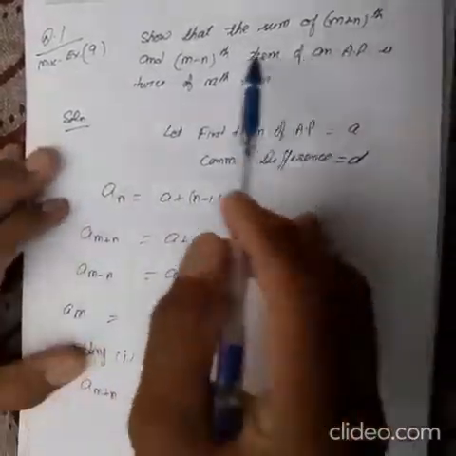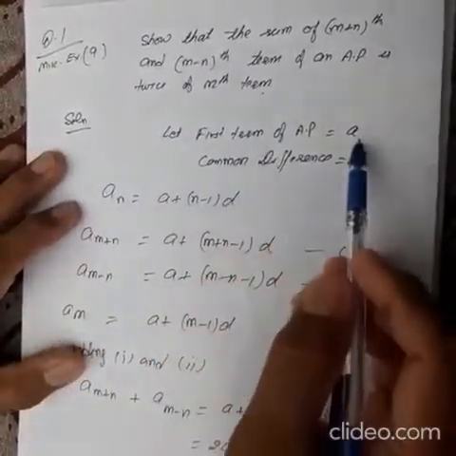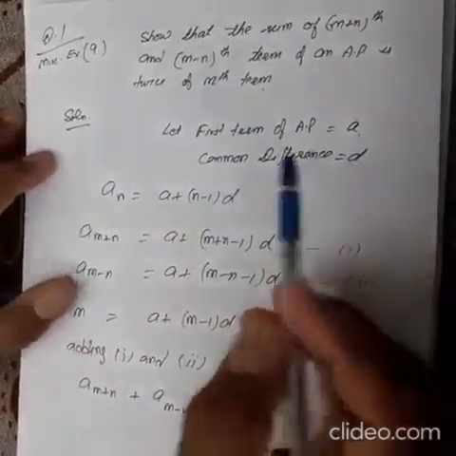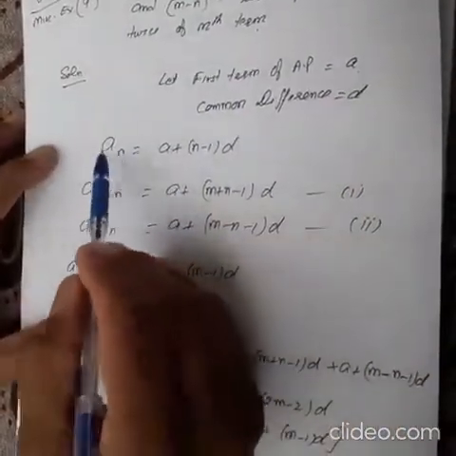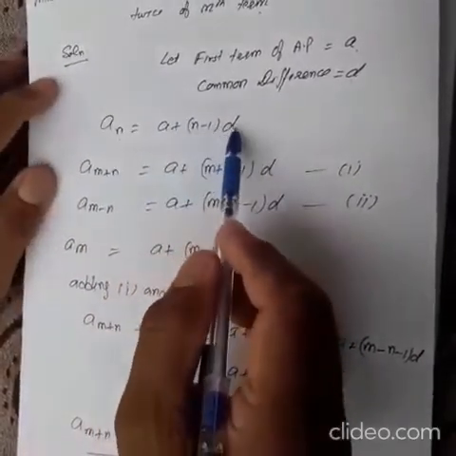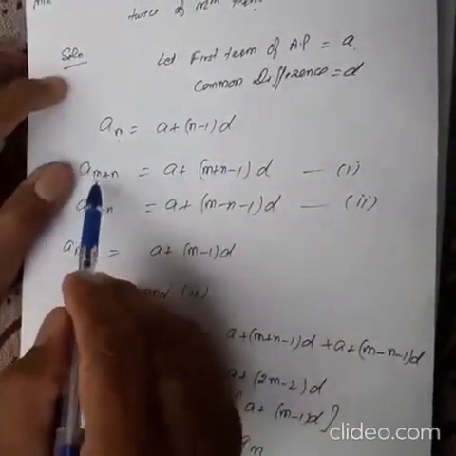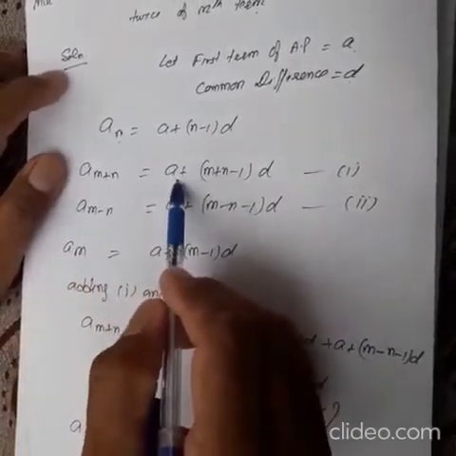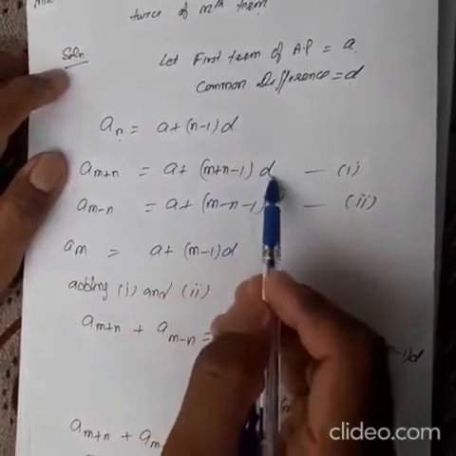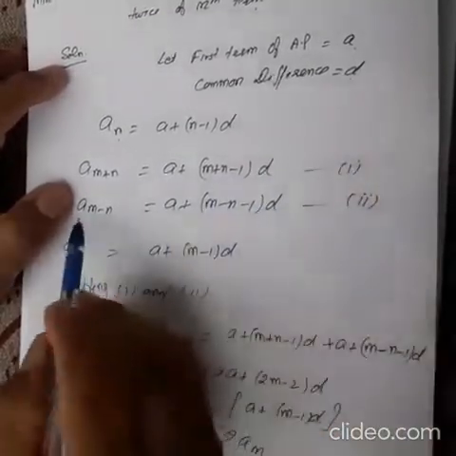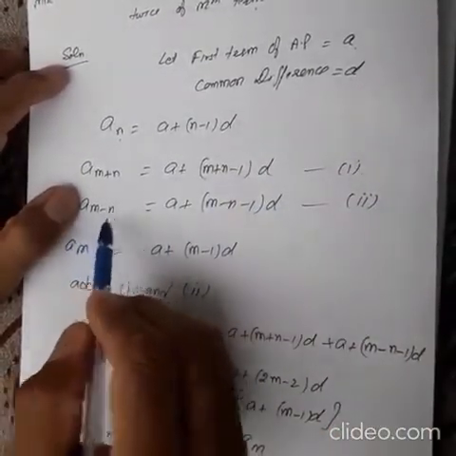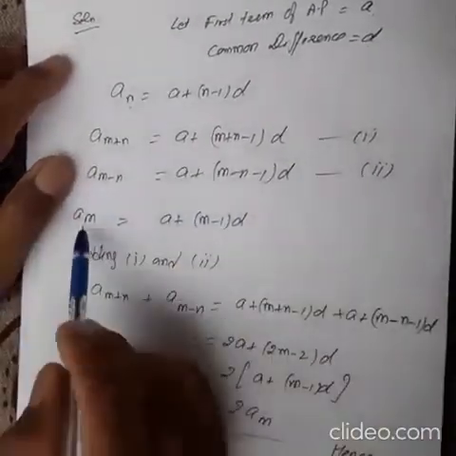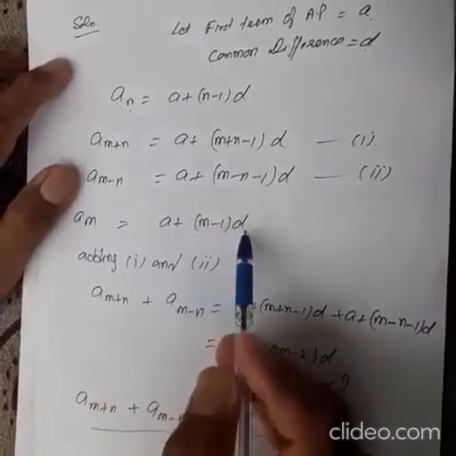So assume the first term as A, because it is an AP, and let the common difference be D. Now using the general term formula, an is A plus n minus 1 into D. So the m plus nth term, a m plus n, will be A plus m plus n minus 1 into D. We'll mark it as number 1. Similarly, the m minus nth term is A plus m minus n minus 1 into D. Now the mth term is A plus m minus 1 into D.